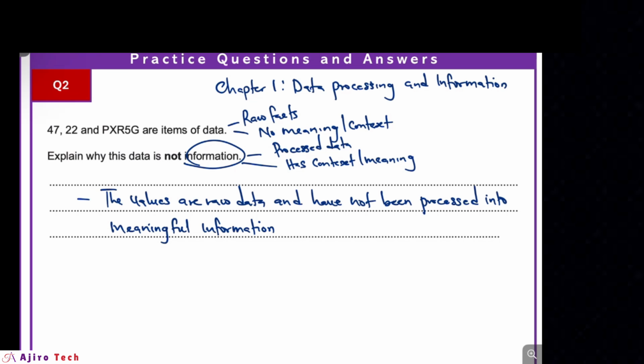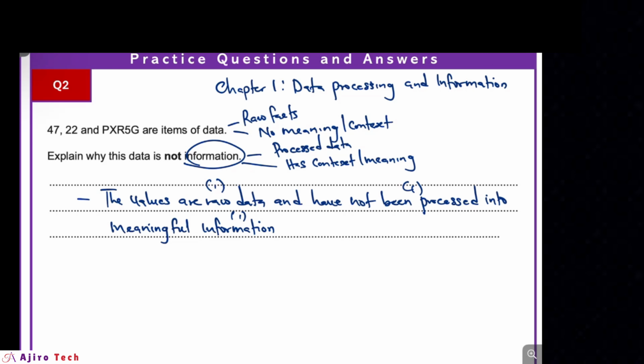Now let's look at some things here. Raw data, 1 mark. Not been processed, 1 mark. Into meaningful information, that's another mark. That's 3 marks. So this is very important.